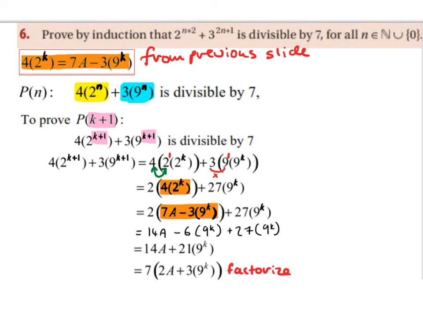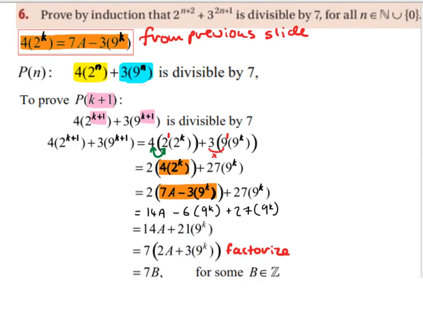So factorizing, we can take out 7 as the highest common factor. So 14a divided by 7 leaves us with 2a. And 21 times 9 to the power of k divided by 7 leaves us with 3 times 9 to the power of k. So it doesn't matter what's inside the brackets here, we're going to just call it b. So we end up with 7b for some b element of the integer set.